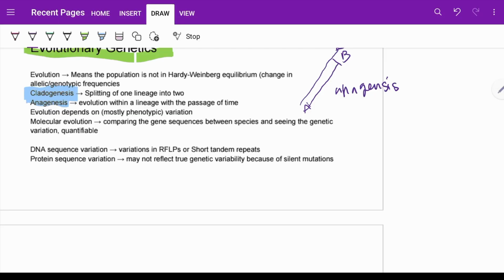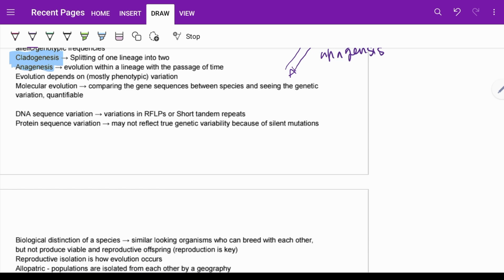This can cause variations in RFLPs or short tandem repeats, what we were talking about last unit, and that's a way researchers can quantify these genetic changes. We also have variation in protein sequences, where, as we know, silent mutations don't affect the actual protein. So this sometimes does not reflect the true genetic variability, but it does show how certain genetic variability does or does not affect the phenotype.